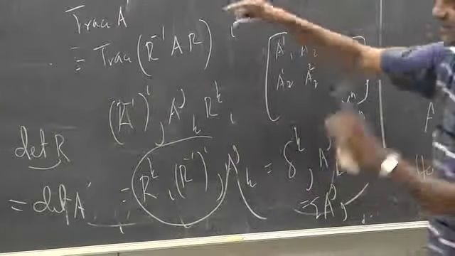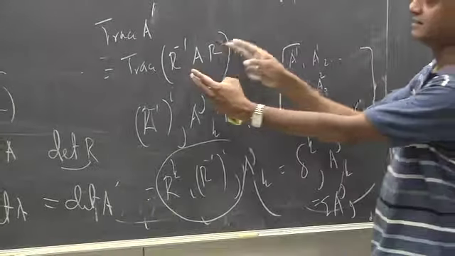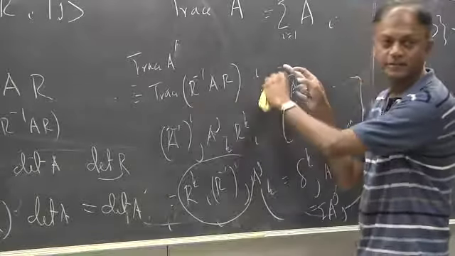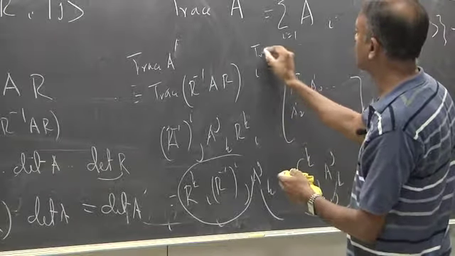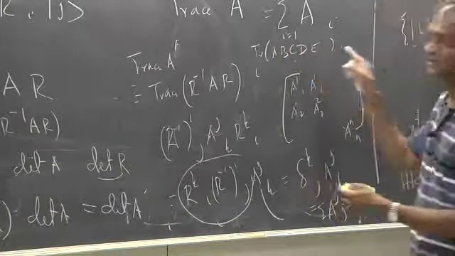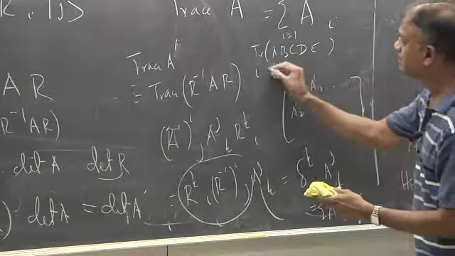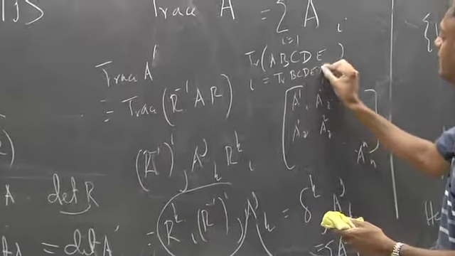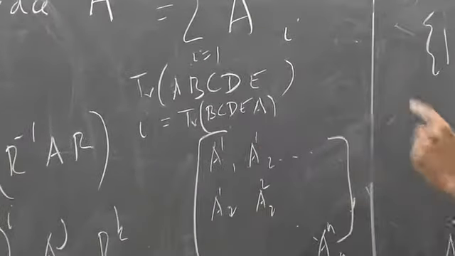This is a general property, and it's important to remember it, because it comes up many times. If inside the trace you have a product of several matrices, you can cyclically move the matrices around. Only cyclically. In general, if I take the trace of the product A, B, C, D, E, several matrices, then this is the same as the trace of B, C, D, E, A. You move the A around cyclically.